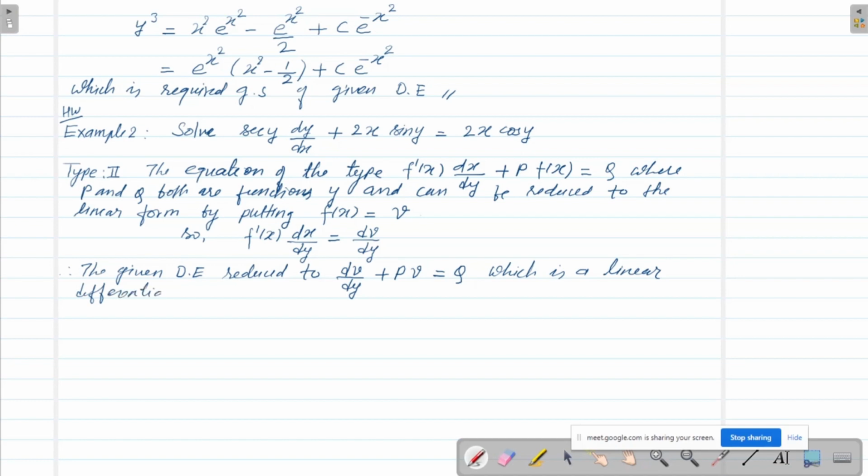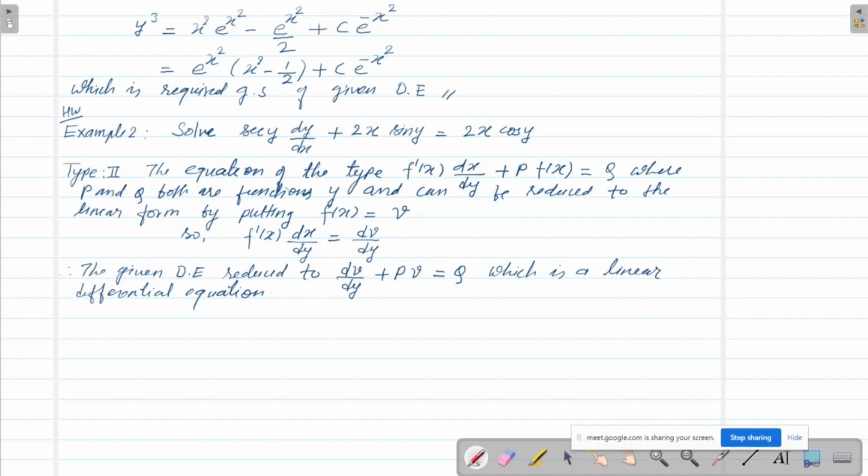So you know very well how to find the solution of a linear differential equation, yes or no?